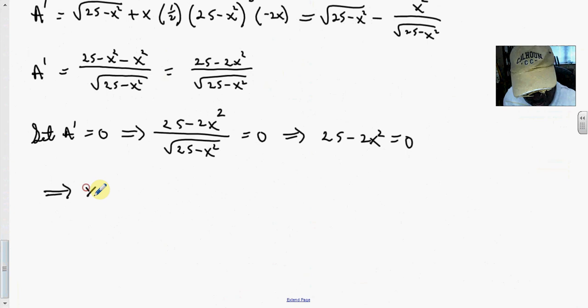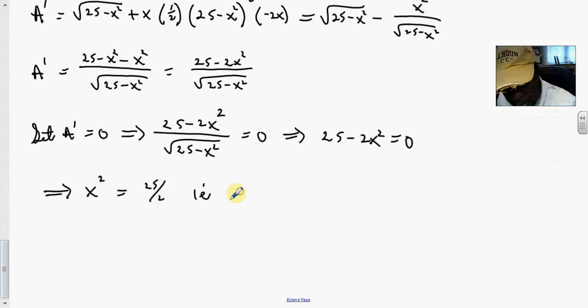This implies that we have x squared equal to 25 over 2. That is, x is equal to, we're looking for positive numbers, we have a real thing here, so this is the square root of 25 over 2, 5 over the square root of 2.